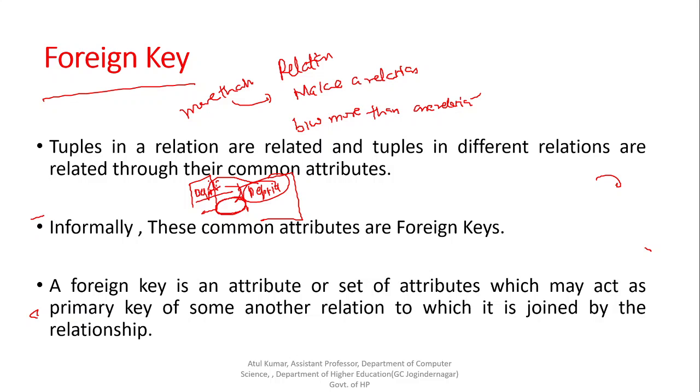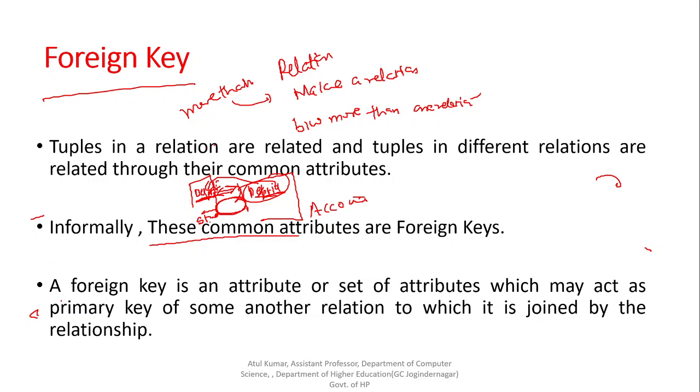Suppose this relation is student and the second is accounts, and department ID is common in both relations. By making the relation with the help of this department ID, we can relate them, and these common attributes are called foreign keys in a relational database system.